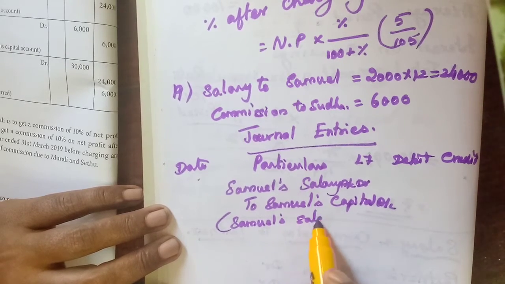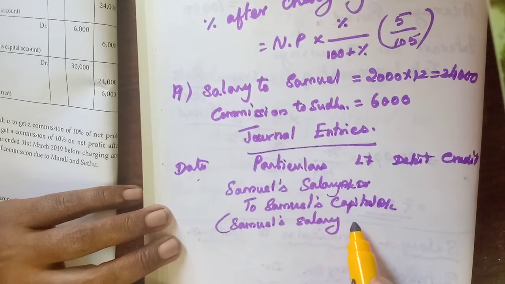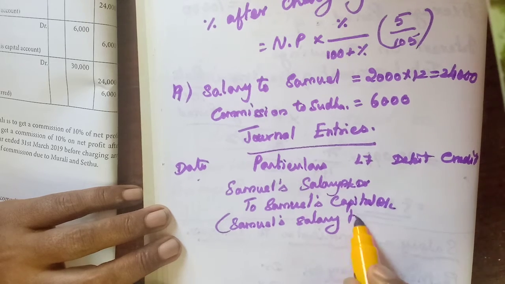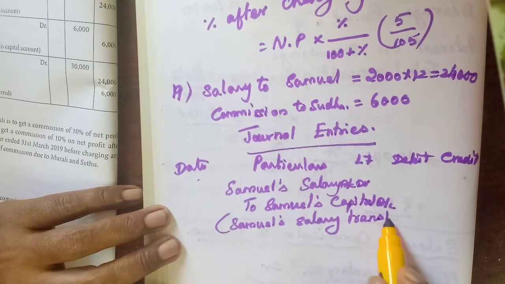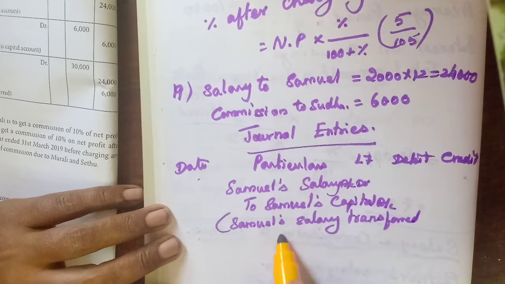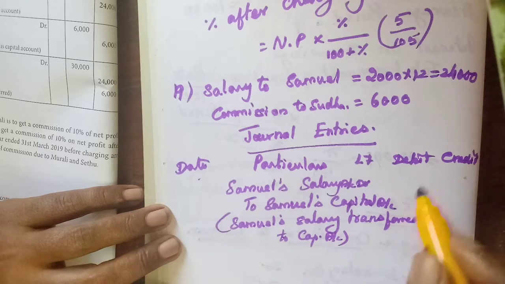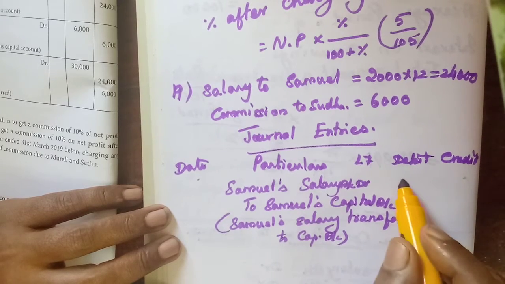Narration: Samuel's salary transferred to capital account, or due you can write. Amount 24,000.